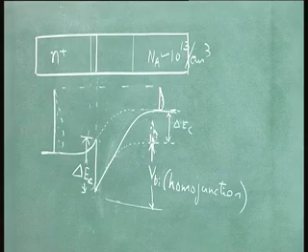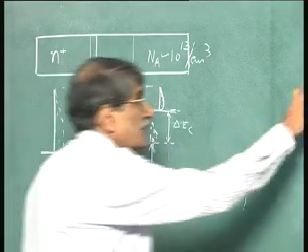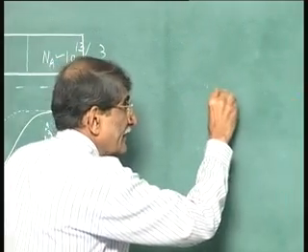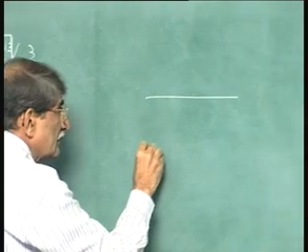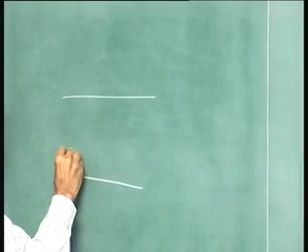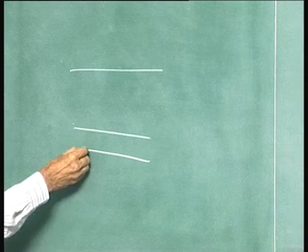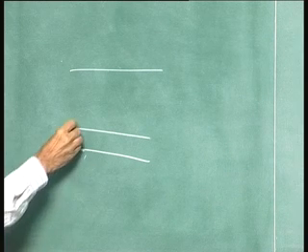In the case of MOSFET, if you recall, for a p type material, you have the Fermi level like this, and it bends down like this.